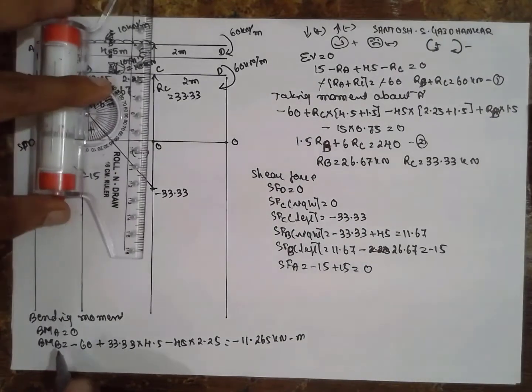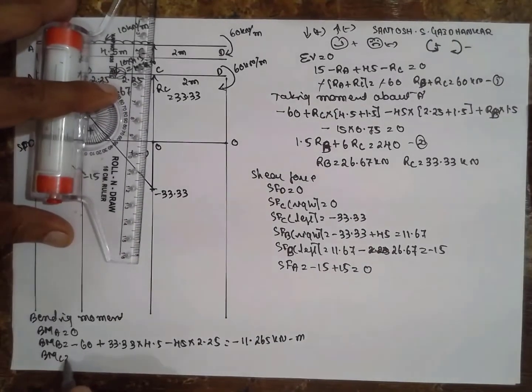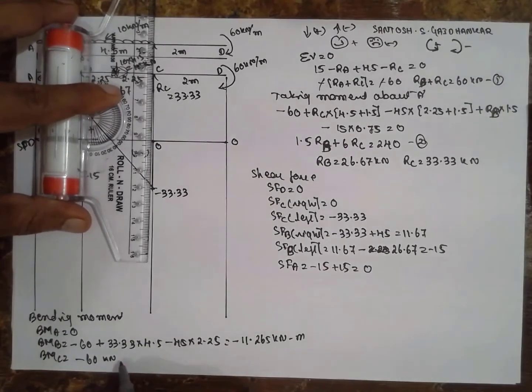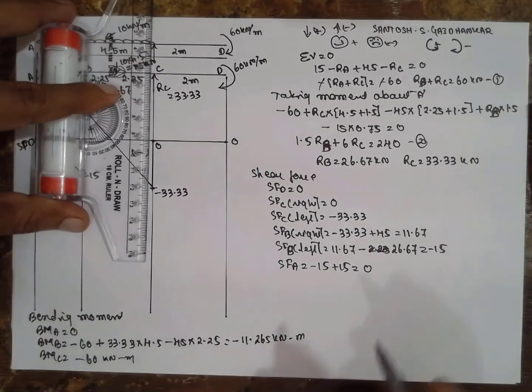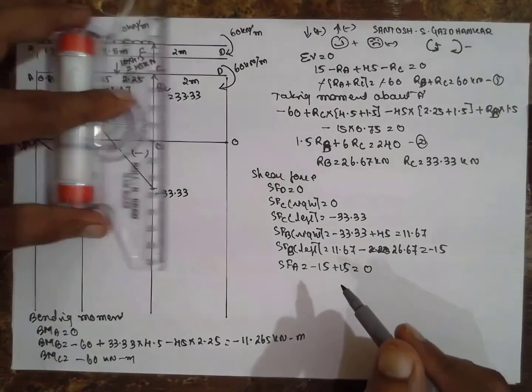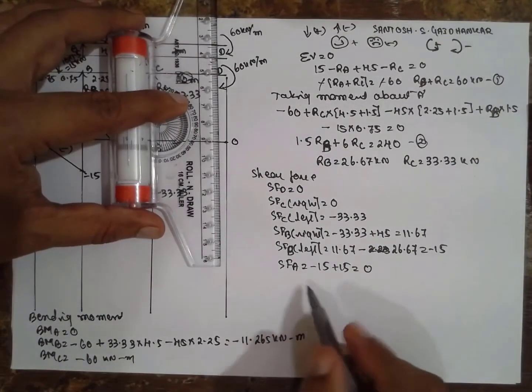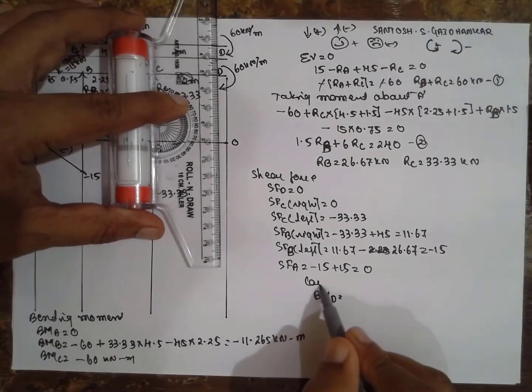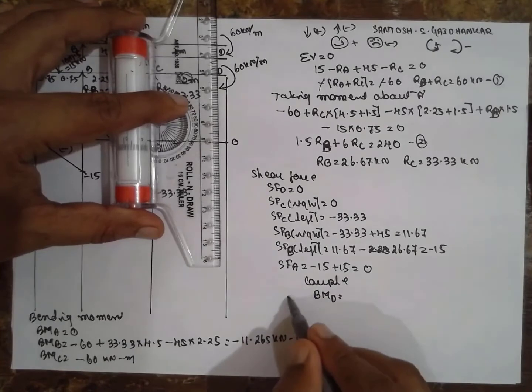Now bending moment at C: minus 60 kilonewton meter. Next, now at D, bending moment at D. At D it is a couple, therefore you have to consider left and right.